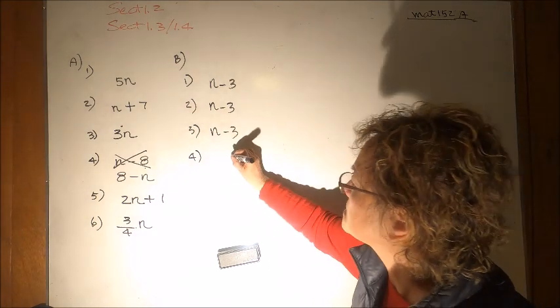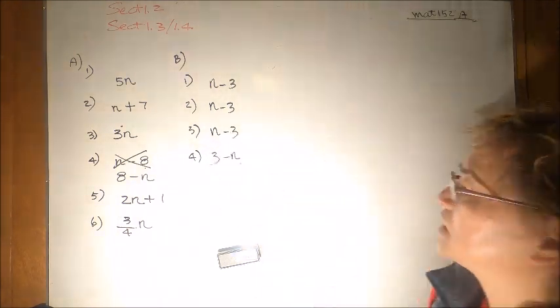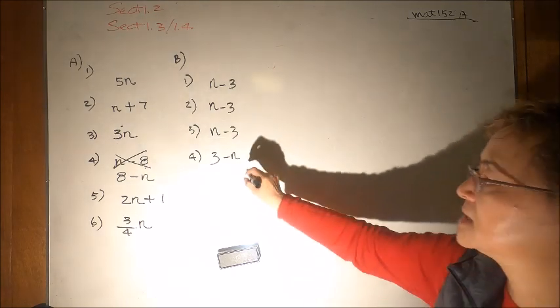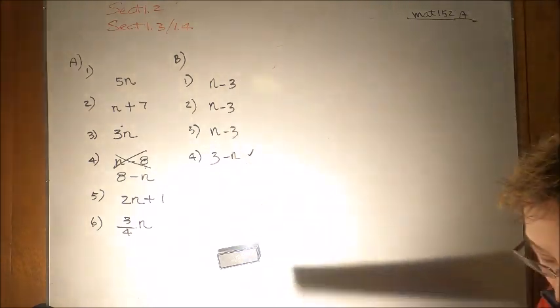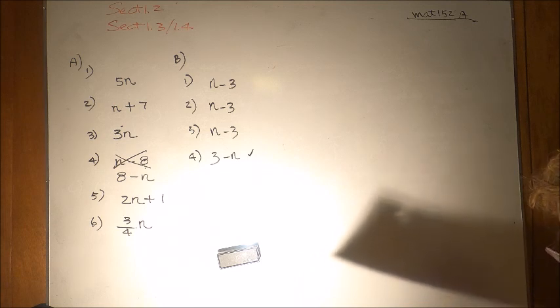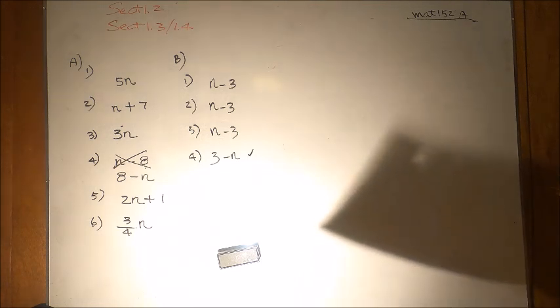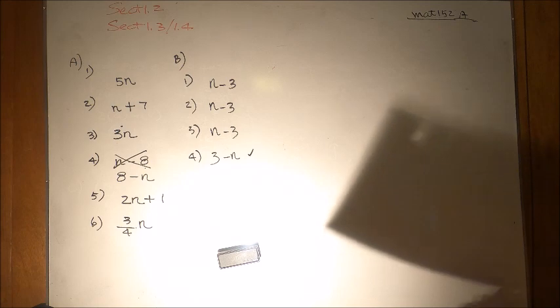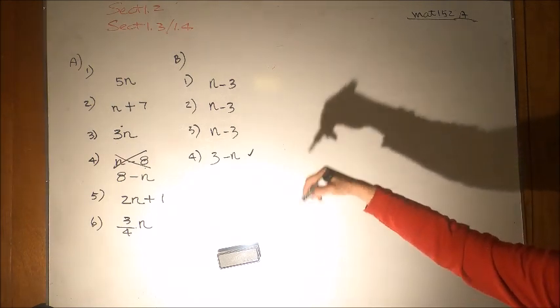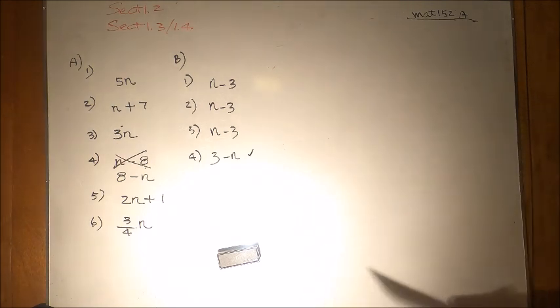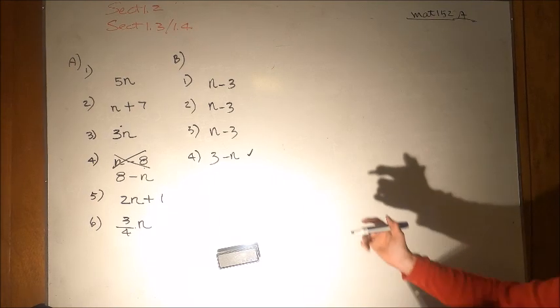Subtract from, so number subtract from 3. Okay, this one is obvious. But the rest of the 3, they are all the same, but the languages are so different. We are not going to test you on those, but just show you how it works out. Okay, we are doing math, not English. But on your problem, you should be able to see it. It's quite clear if you know what they are asking.